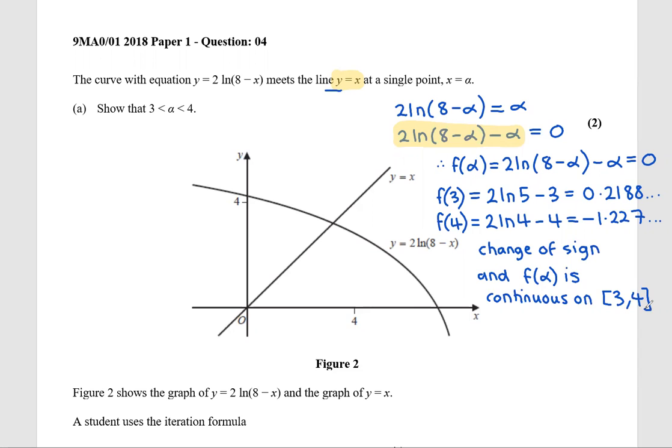Okay, you need both conditions. If it's not continuous, then it can theoretically jump from a positive to a negative, okay, without passing through the x-axis. But in this case, it can't because of the continuity. So therefore, alpha is the root. Right, so that's part A.